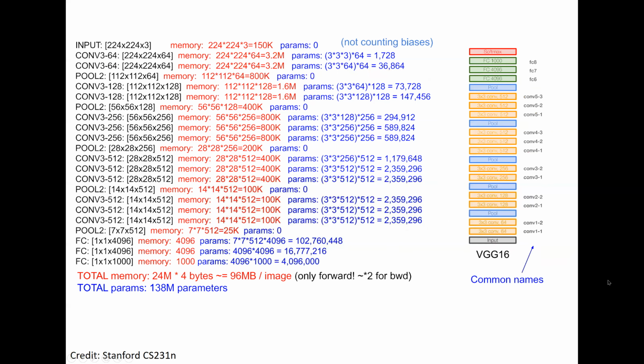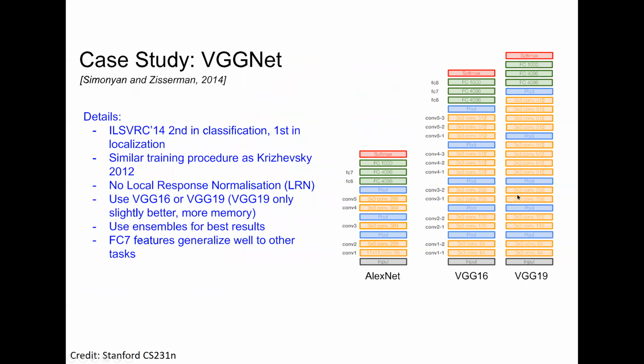Okay, and the naming convention is like this. These two are not named as convolution 1 or convolution 2, but convolution 1-1, convolution 1-2, like this. And the last three fully connected layers are named FC6, 7, and 8. Okay, so the detail is it won second in classification and first in localization.